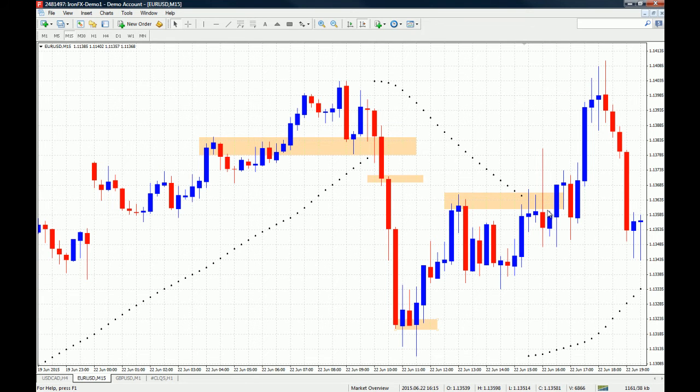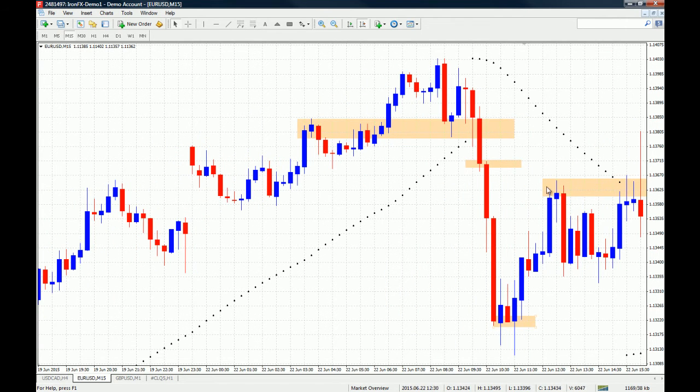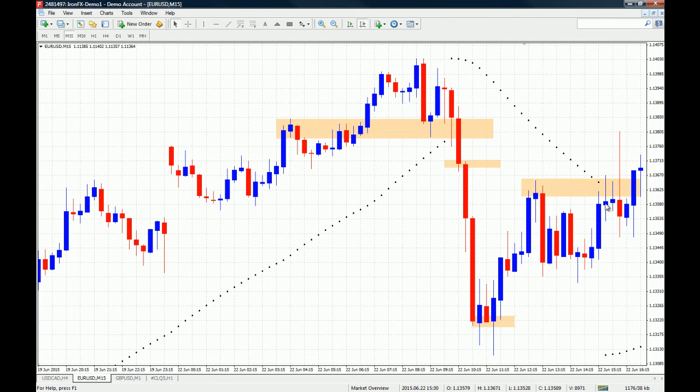Now the thing about this is that you can see that we have one, two, and a third candle that clearly rejects this area of resistance and the parabolic SAR breakout. So we are not going to trade this breakout, even if we have a breakout afterwards. If we have three candles of rejection, we don't trade the setup. If we have two or fewer candles of rejection and then the breakout, we are going to trade the setup.